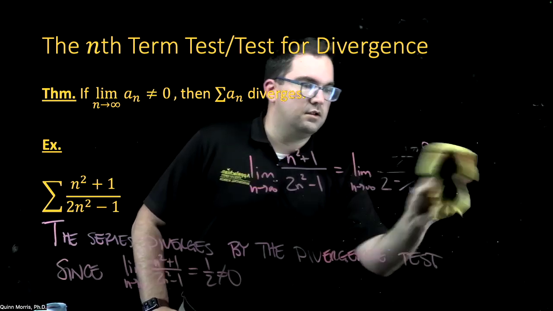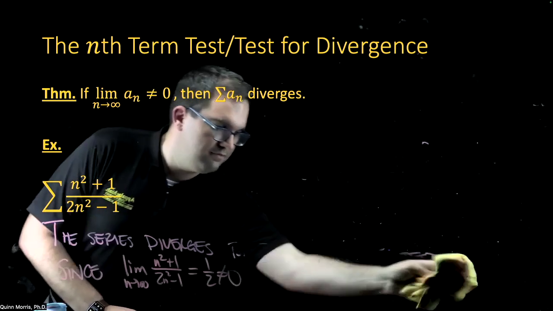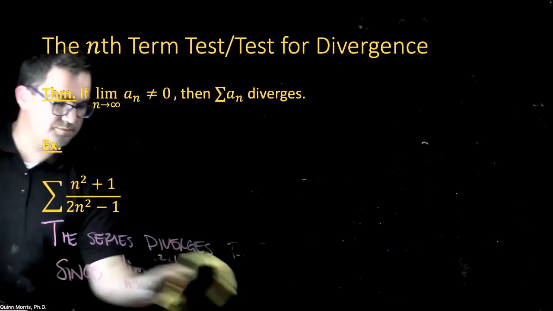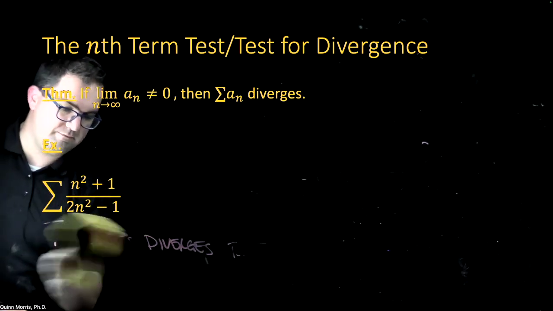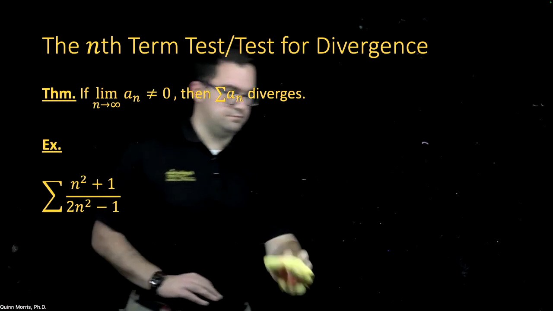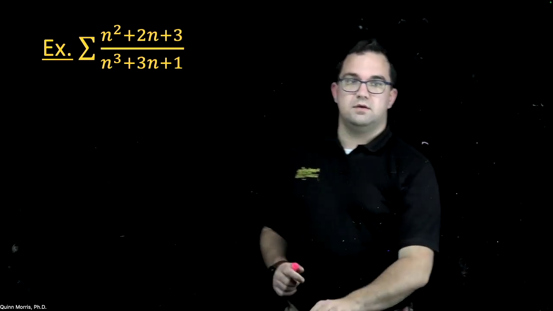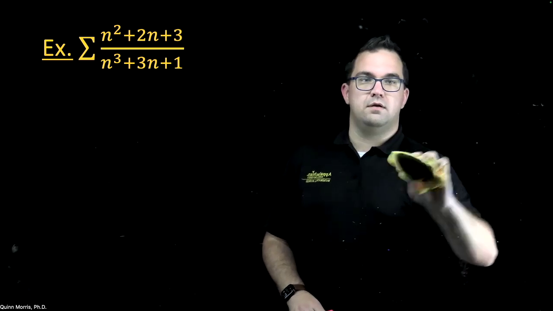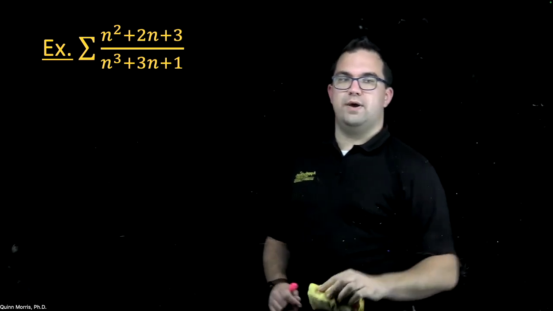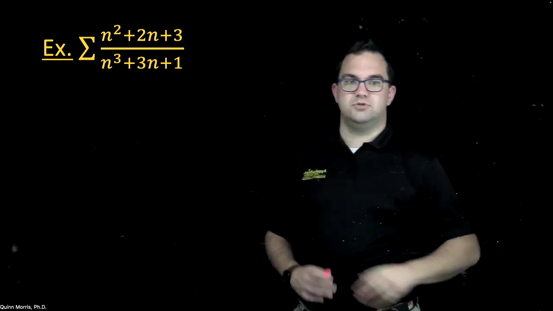All right. Now let's look at another example and see what we can say via the test for divergence. So let's look at now this sum. The sum of n squared plus 2n plus 3 divided by n cubed plus 3n plus 1.